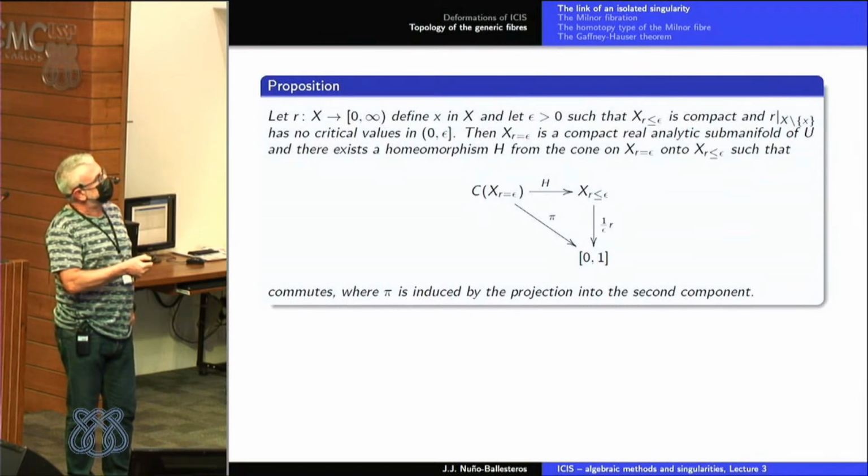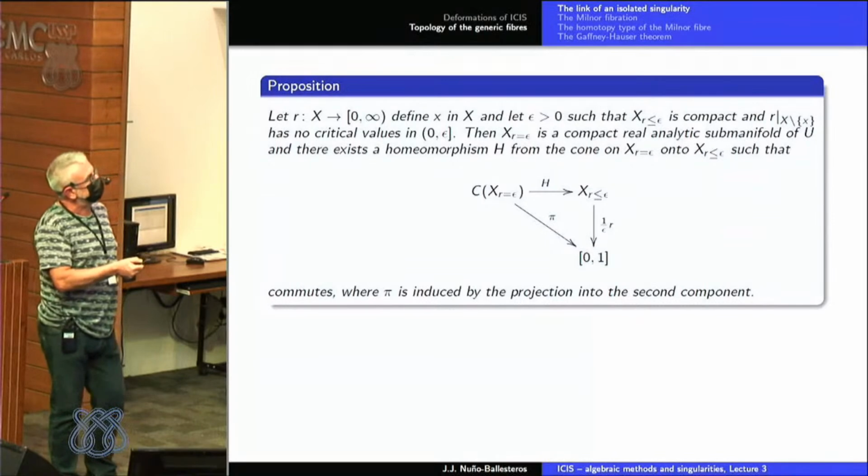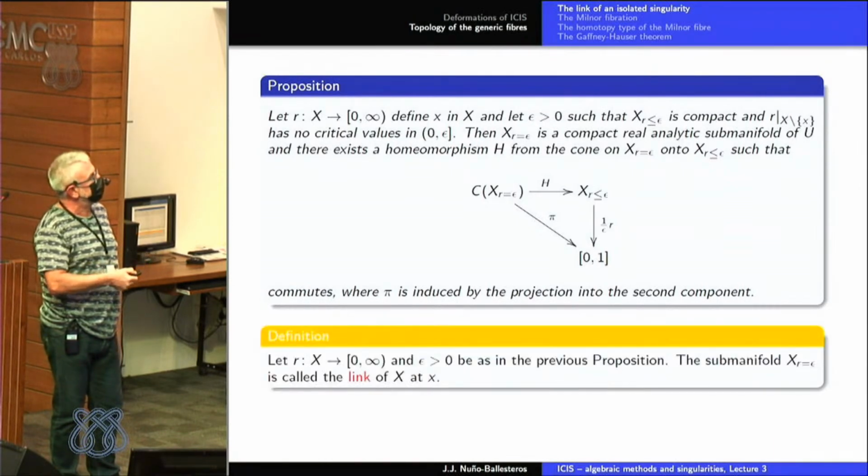Then X sub R equal epsilon is a compact real analytic submanifold of U, and we have a homeomorphism H from the cone on this compact submanifold onto the set X sub R less than or equal to epsilon, in such a way that we have a commutative diagram like this, where pi is induced by the projection into the second component. So this is called the cone structure of X. So this gives a cone structure theorem.